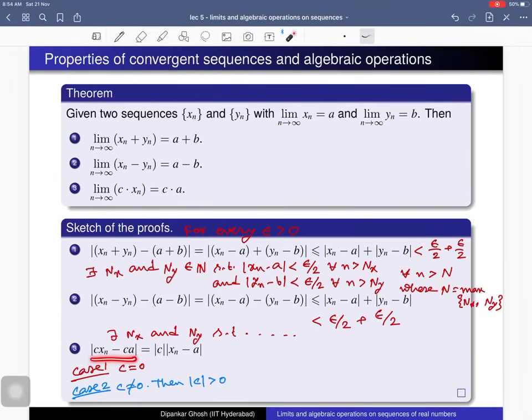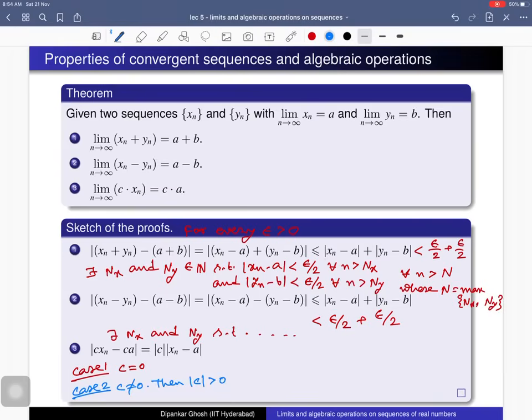This distance is the same as the absolute value of c times the distance between xn and a, and we have control over this distance because limit xn is a. So this value is getting closer and closer to 0 as n gets larger and larger. Therefore this distance is getting closer and closer to 0.